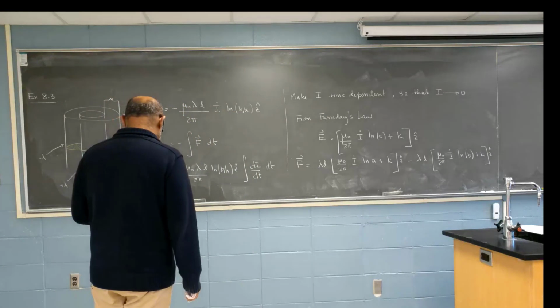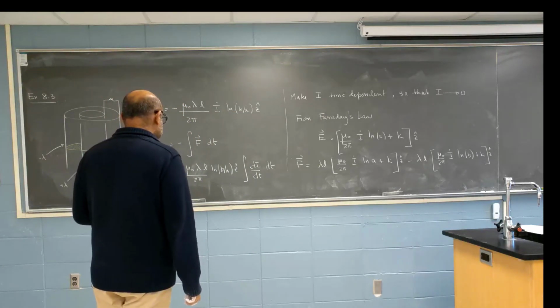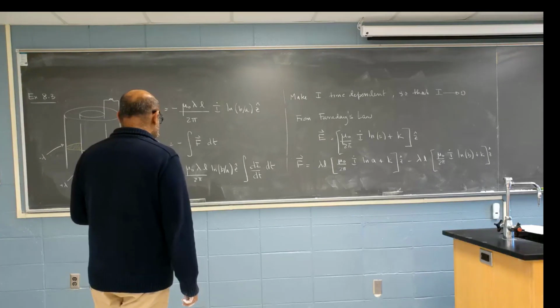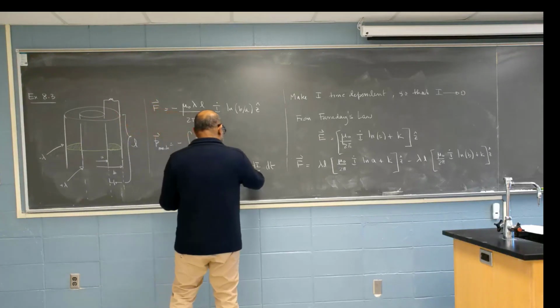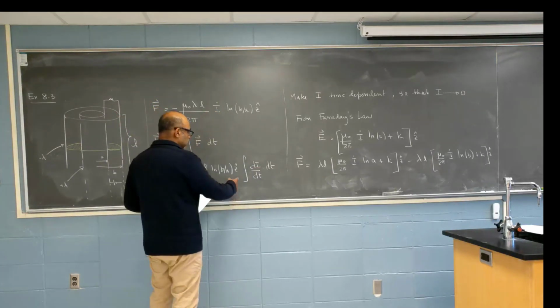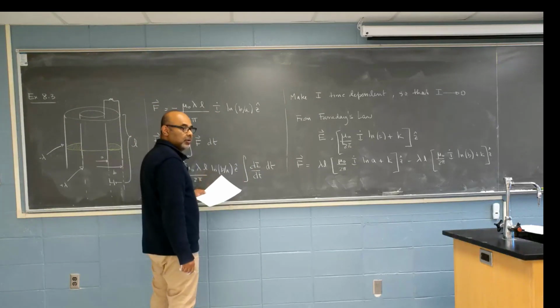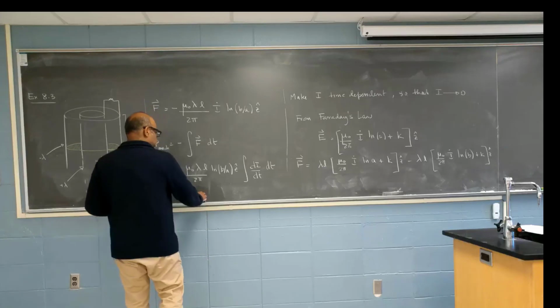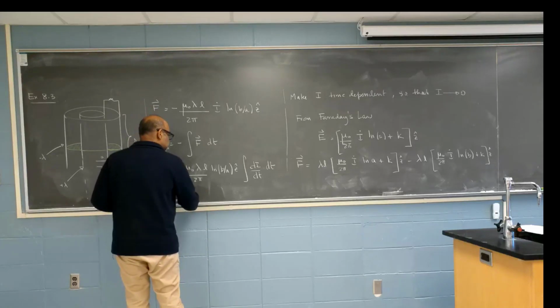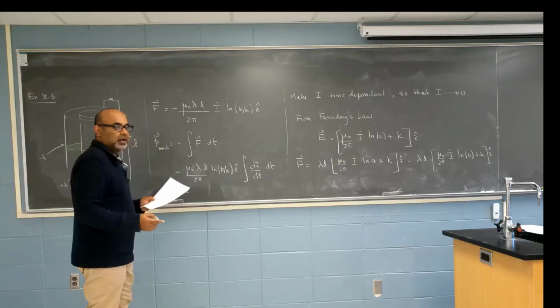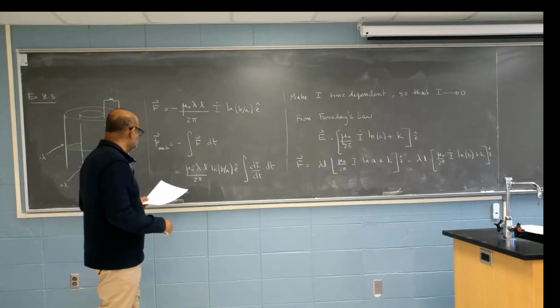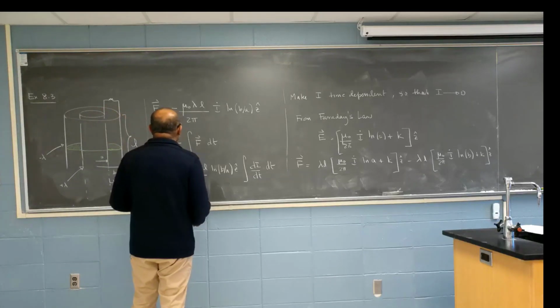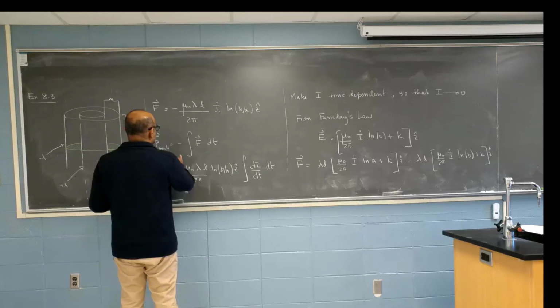And what do you get? It is just I, because when you do this, it is I minus 0. Oh, sorry, it's F dt, so there's a minus.